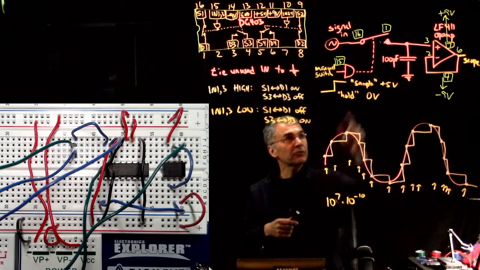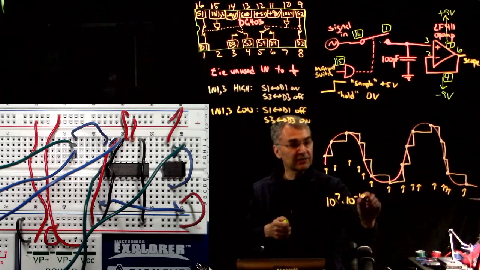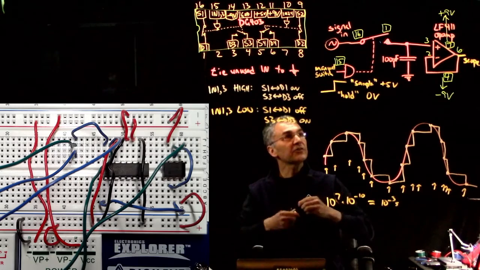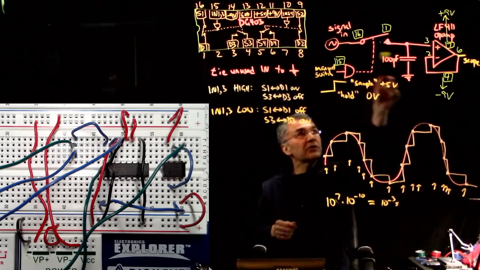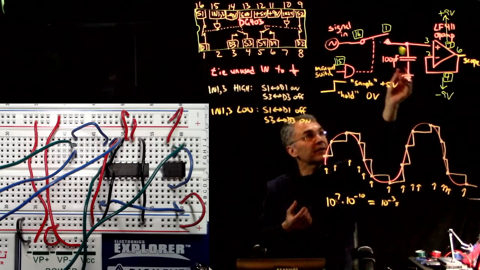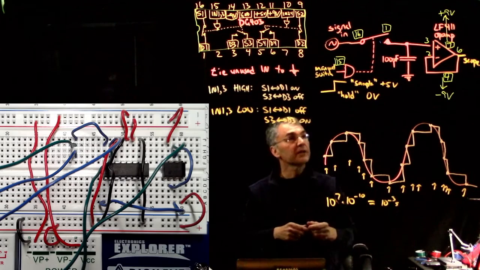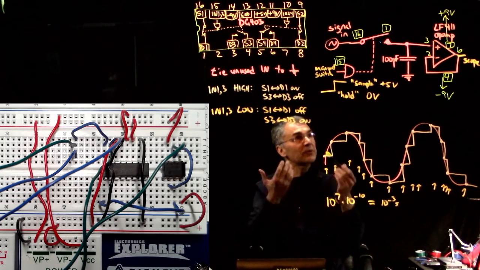Yeah, 10 to the minus 12 times 100. So that is like 10 to the minus 3 seconds. Yeah, so see, you could sample, but if you look at it with a scope probe, the charge will bleed away with an RC time constant of like a millisecond in this case. So maybe we want it to stay for longer.